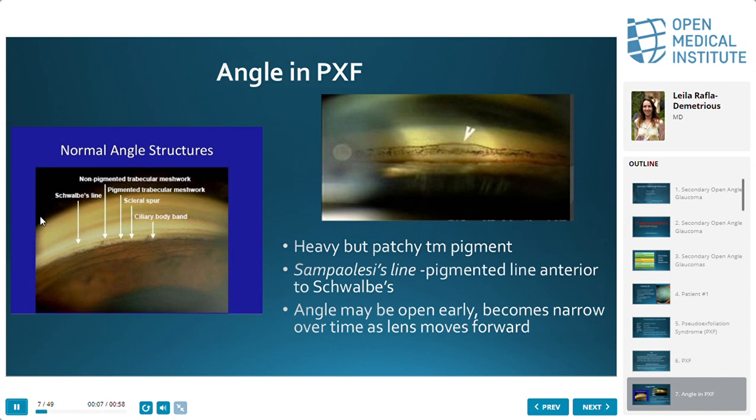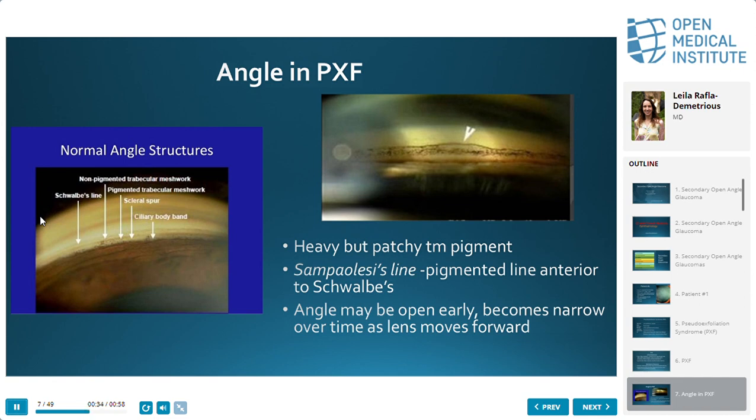But this is the angle in pseudoexfoliation. So there's the normal angle here. You have your Schwalbe's line, and then the non-pigmented trabecular meshwork, or the anterior TM, the pigmented TM, which is posterior pigmented trabecular meshwork, and then the scleral spur and the ciliary body band. The angle in pseudoexfoliation is pretty characteristic. We have this pigmented band up here, which is the Sampaolesi line.